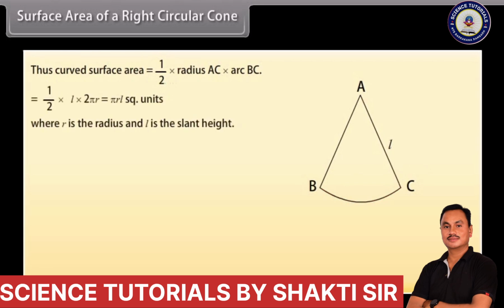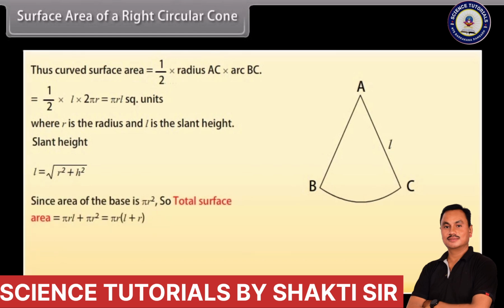This is equal to 1 upon 2 into L into 2 pi r equals pi r L square units, where r is the radius and L is the slant height. And slant height L is equal to square root r square plus h square. Since area of the base is pi r square, total surface area is equal to pi r L plus pi r square, which is equal to pi r into L plus r.